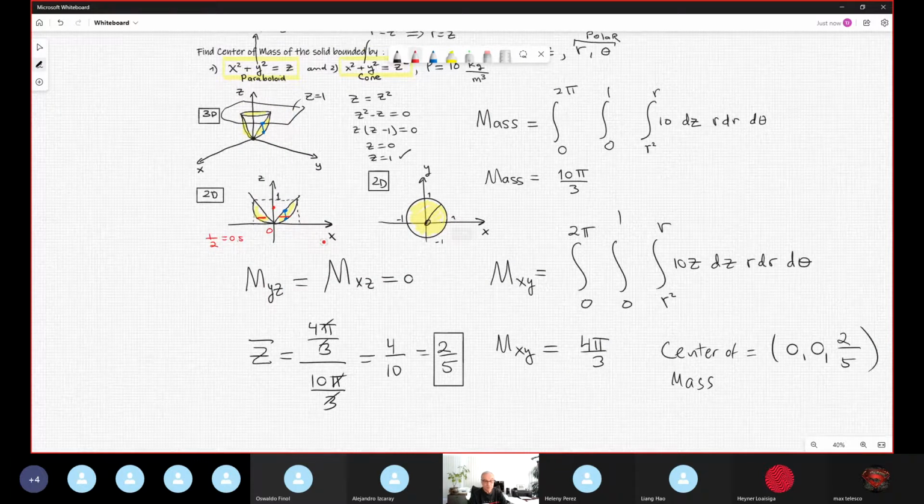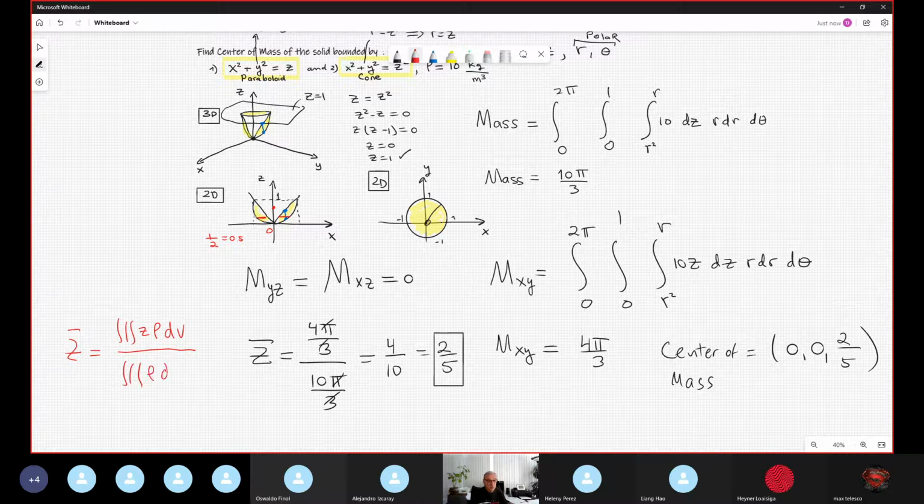This is a little bit complicated to explain, but it's a formula. When you want to find the C-hat, it is the triple integral of C rho dV divided by the triple integral of rho dV.